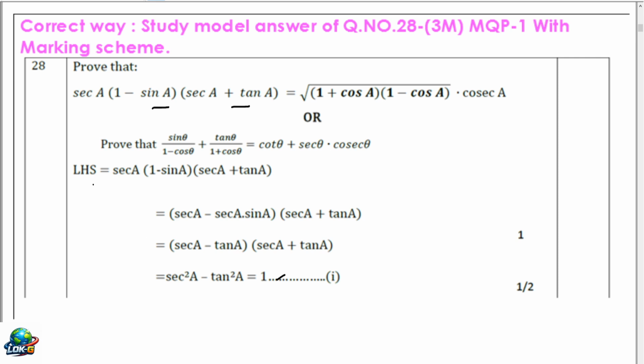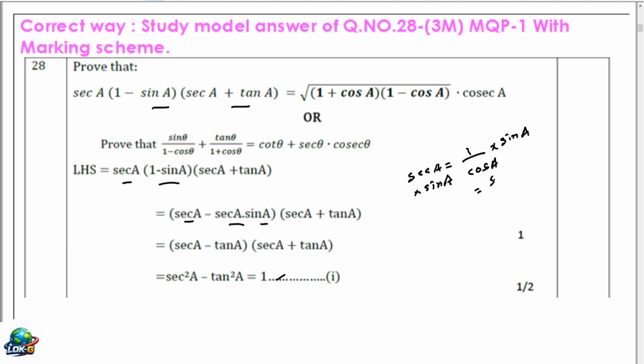Let us start with the LHS. You take sec A into bracket (1 minus sin A), (sec A plus tan A). You multiply sec A into 1 minus sin A: sec A into 1 is sec A, and sec A into sin A. Observe here. You know that sec A is the reciprocal of cos A, you can write it as 1 upon cos A. So, sec A into sin A is present here. 1 upon cos A into sin A, what happens?